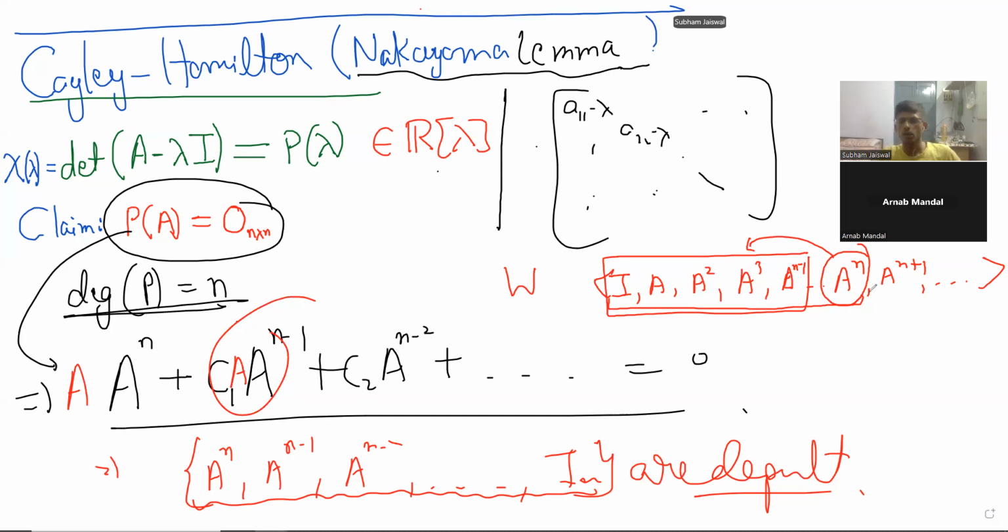We'll talk about it later. It's important because we are in a field, otherwise it's not true. So basically, you have another generating set which is of size n. You have a generating set of size n plus 1, and then one of size n, so the dimension can be at most n. Correct?